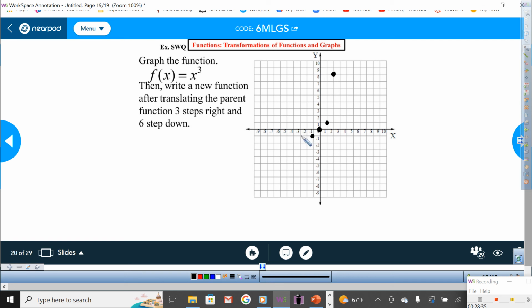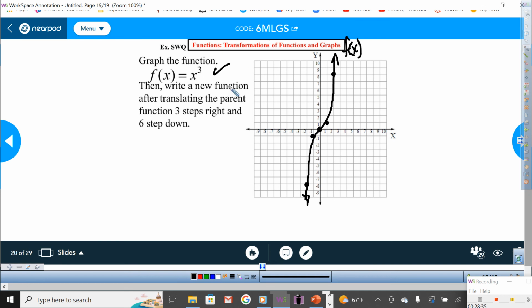Negative 2 times negative 2 is 4, times negative 2, that's negative 8. So this is our parent function, or parent cubic function. We're going to label that f of x. So, we're done graphing the parent function.